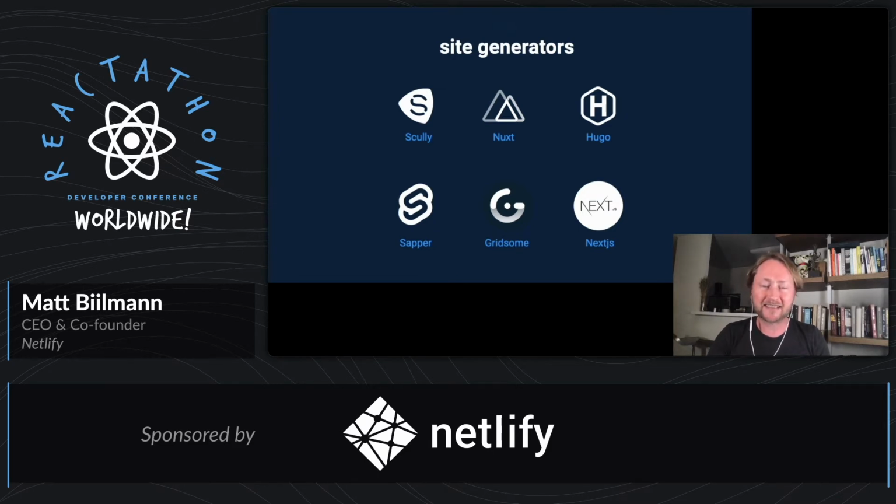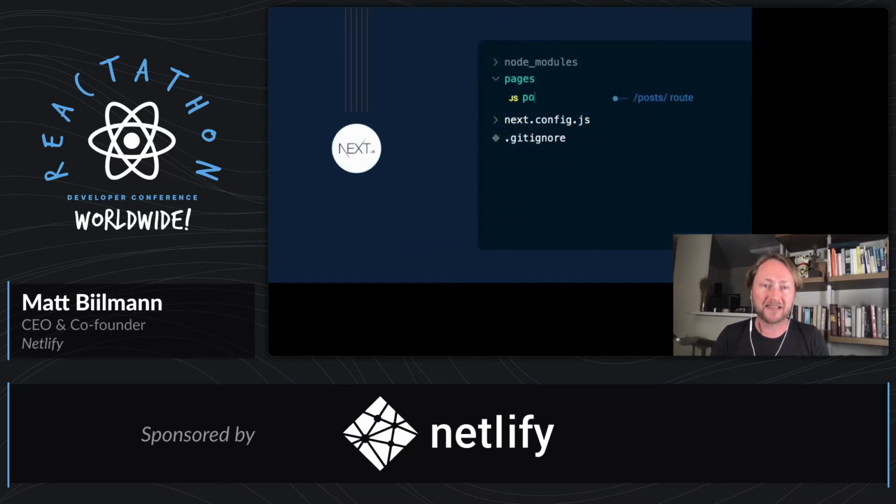If we take Next.js as an example, it's become a really important site generator tool and application framework for the React community. It allows you to group pages just based on a convention, and based on the name of your file, it'll generate a pre-built page that we can distribute directly to the edge at build time.